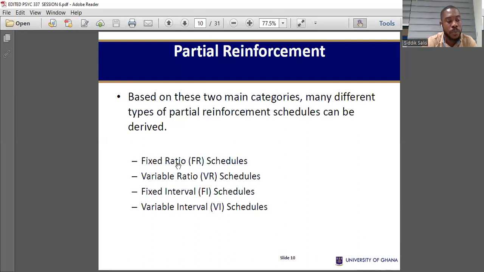Let me bring fixed ratio into the business world. Remember, we have to apply these things in daily life, so I'll be using such examples. Let's say you go and take loaves of bread, and they say if you sell 10 loaves of bread, you get a commission of 1 bread.